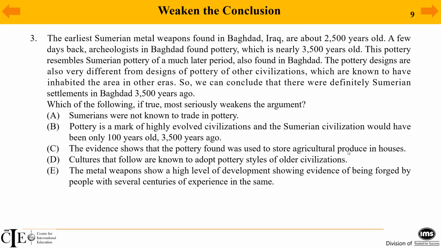Okay, so the pottery designs are also very different from designs of pottery of other civilizations. So whatever they found now of 3500 years old does not resemble any other civilization known to have inhabited the area in other eras. So we can conclude that there were definitely Sumerian settlements in Baghdad 3500 years ago.